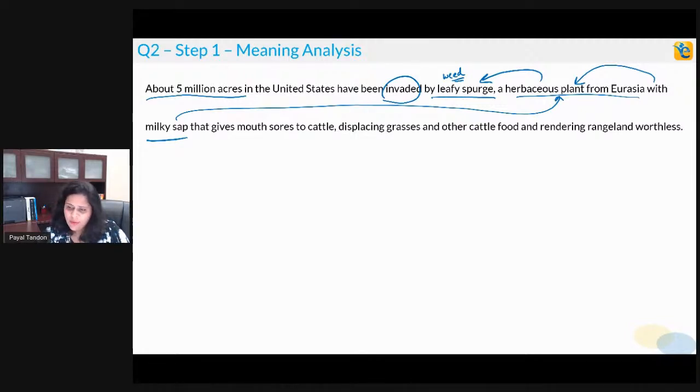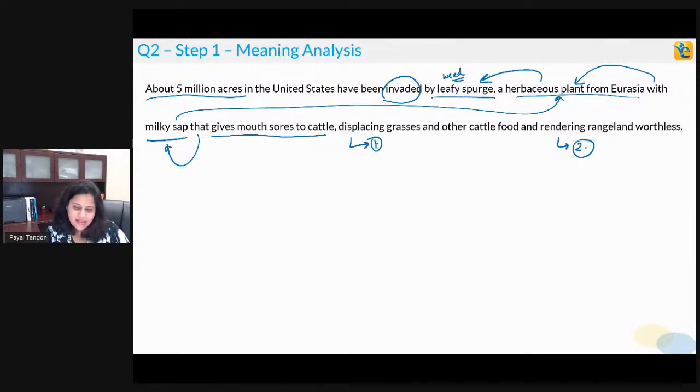A herbaceous plant from Eurasia with milky sap that gives. Now, what gives? This milky sap in this plant gives mouth sores to cattle. Oh, that's painful. So it gives mouth sores to cattle, displacing grasses and other cattle food, and rendering the rangeland worthless.